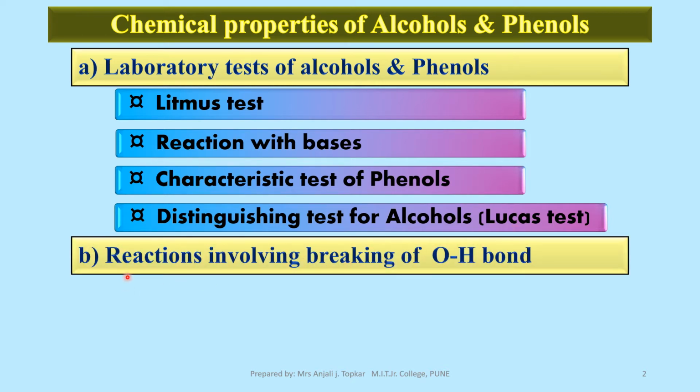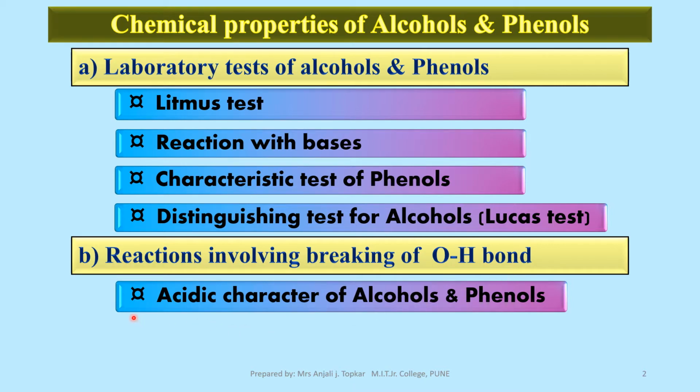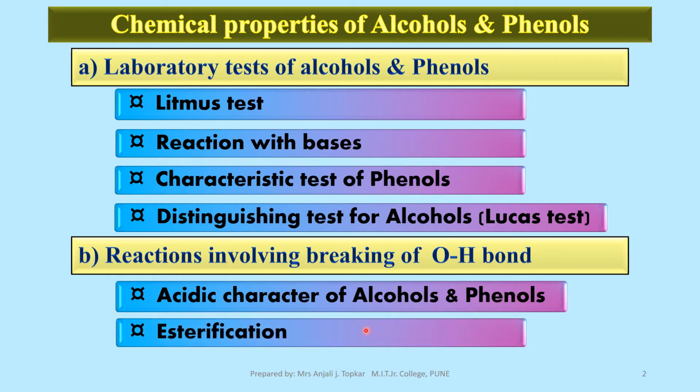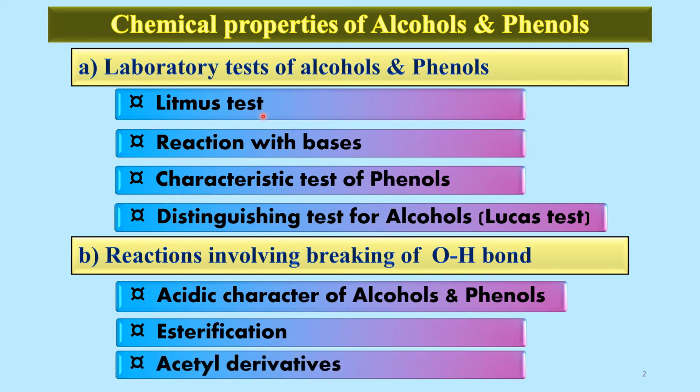Then we are going to see reactions involving breaking of OH bond, in which first we are going to see acidic character of alcohols and phenols, and then esterification. So let's begin with laboratory test of alcohols and phenols. First, litmus test. At the end, we are going to see acetyl derivatives also.